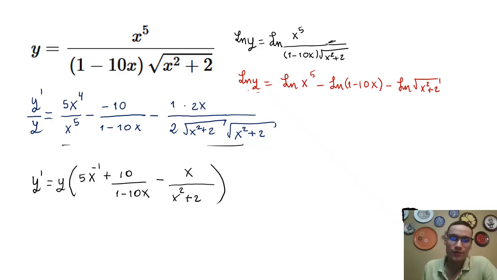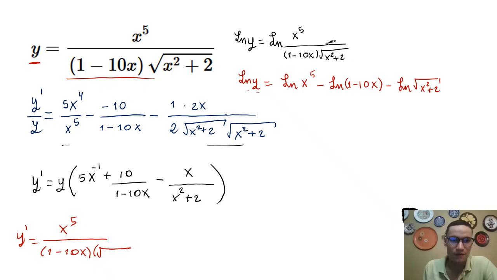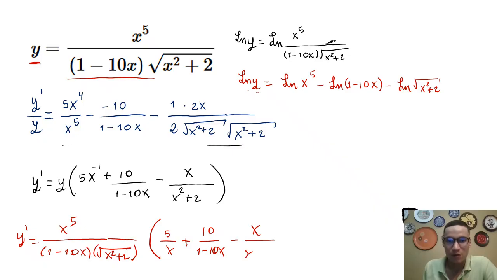Now finally, we substitute the value of y from the original problem. y prime is equal to x to the power of 5 divided by 1 minus 10x times the square root of x squared plus 2, times the other side, 5 divided by x plus 10 divided by 1 minus 10x minus x divided by x squared plus 2. This is the whole problem.